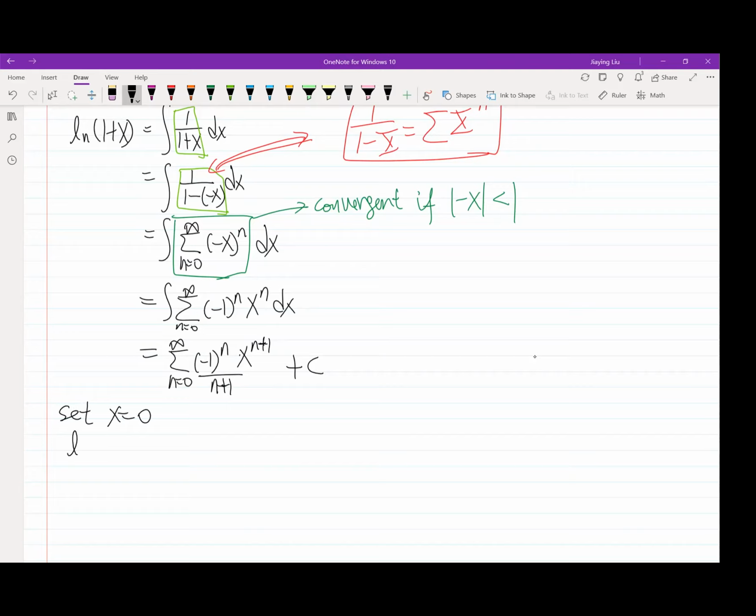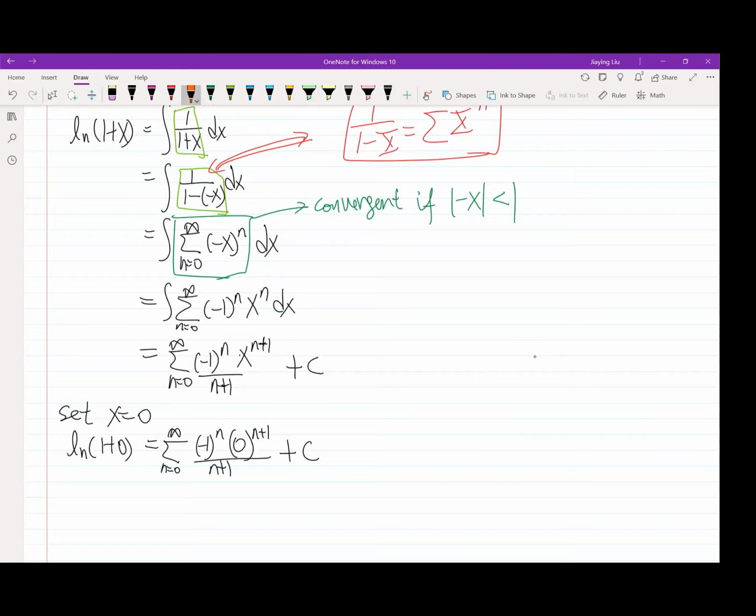The left side, we have natural log of 1 plus 0. The right side, we have sigma n from 0 to infinity, -1 to the n, 0 raised to the n plus 1, divided by n plus 1, plus c. Right? Just plug in x equals 0 directly.